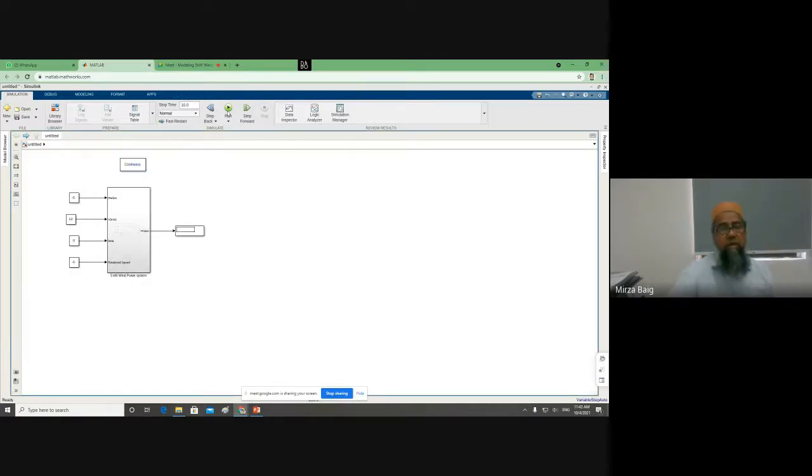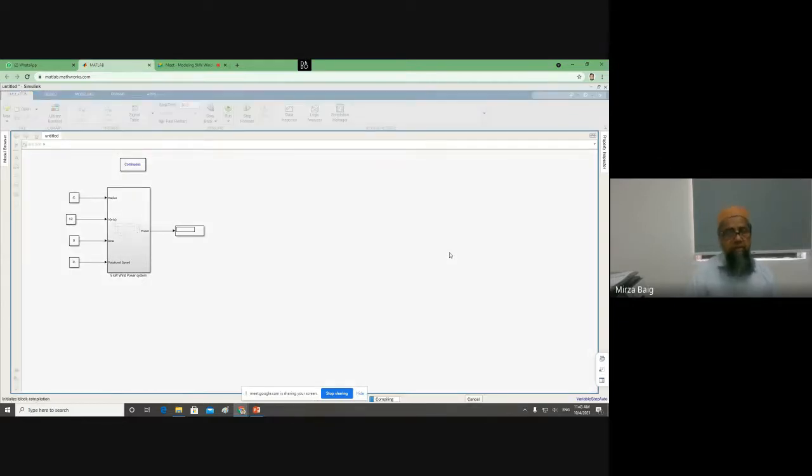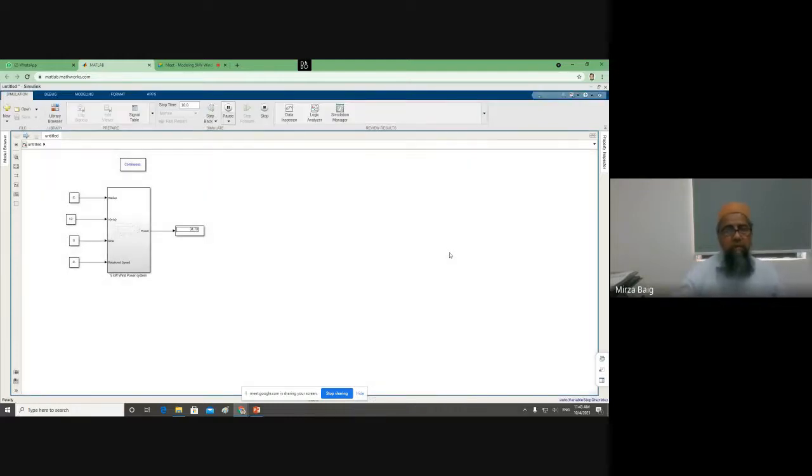All right, let's try, Bismillah. Okay, it's not giving what we expected. It's giving 34.73. There might be some mistakes that I'm making. Anyhow, I did the other model and it gave me the correct answer.